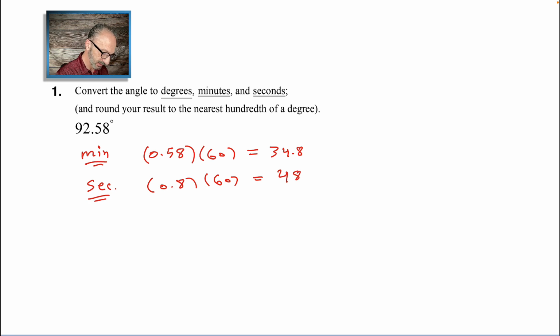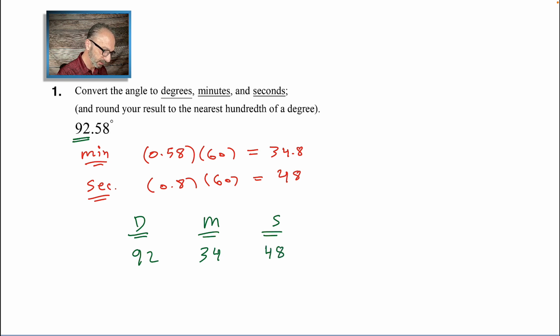So the answer is, in degrees and minutes and seconds. Degrees, it's clearly the 92 degrees. We do have 92 degrees point something. And the minutes is 34 point something, but we're going to take the 34 only. And the seconds will be 48.